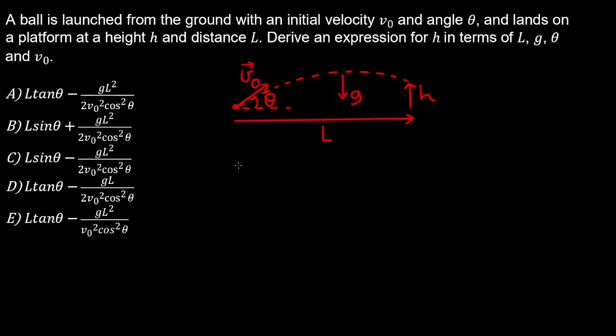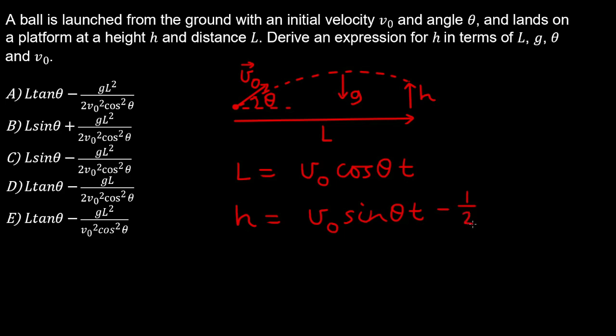So our kinematic equation for projectile motion in the horizontal direction is L is equal to the initial position of 0 plus the horizontal component of the launch velocity being v0 cosine theta by time t, and our kinematic equation in the vertical direction is our final position is equal to the initial y position of 0 plus the vertical component of the launch velocity being v0 sine theta by time t minus 1/2 by the gravitational acceleration by t squared.